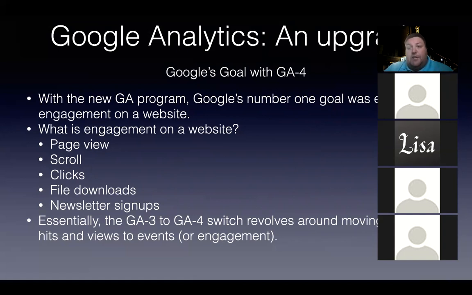Basically any interaction somebody has with your website is what Google is calling an engagement, and that's what they feel is more important than anything to understand how people are looking at and understanding what your website has. So essentially, the switch from GA3 to GA4 revolves around moving from page hits and views to events or engagements.